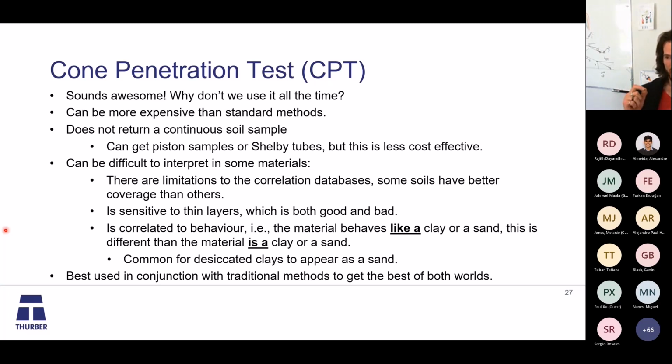The material behaves like a clay or like a sand, which is different than the material is a clay or a sand. An example is desiccated clays tend to appear as sands. And that's why it's best used in conjunction with traditional methods, so we get the best of both worlds.